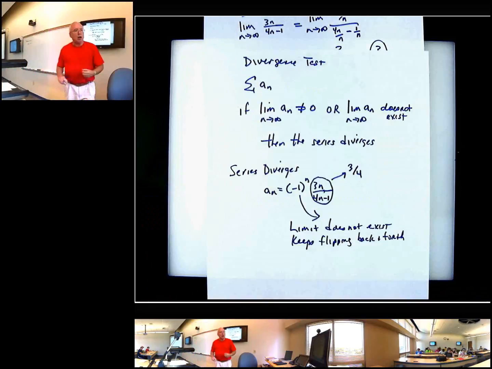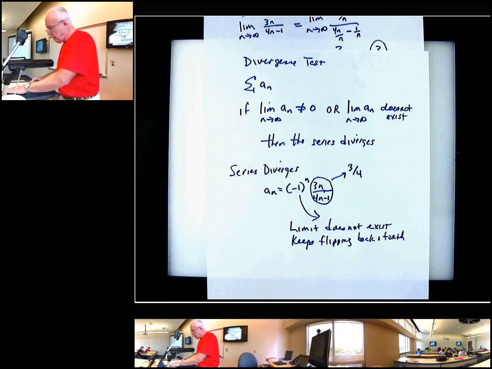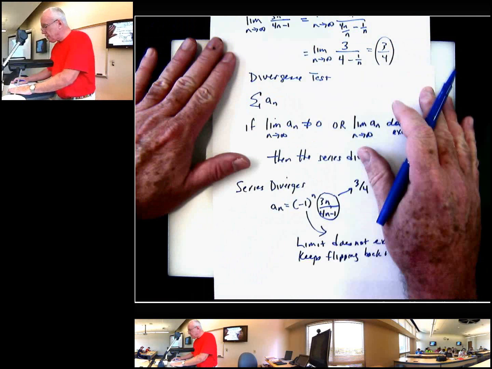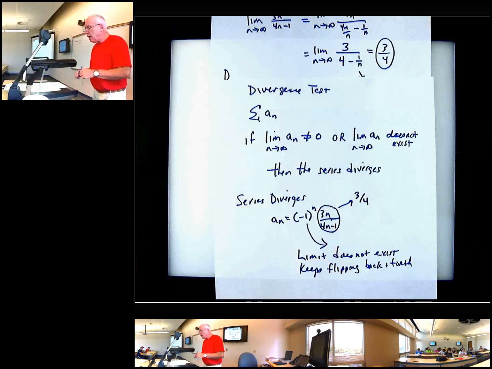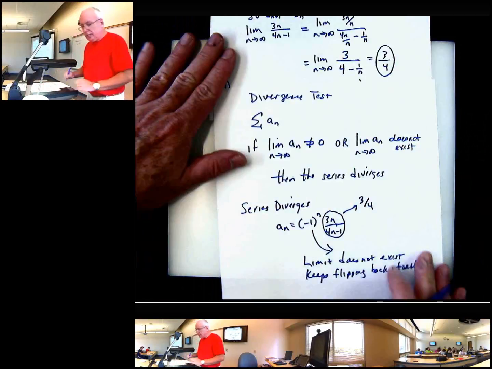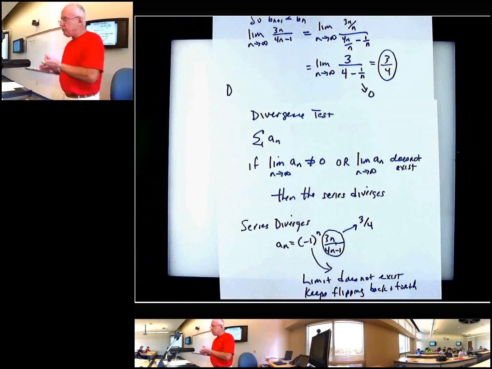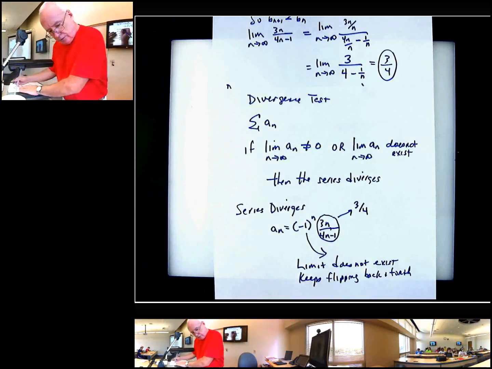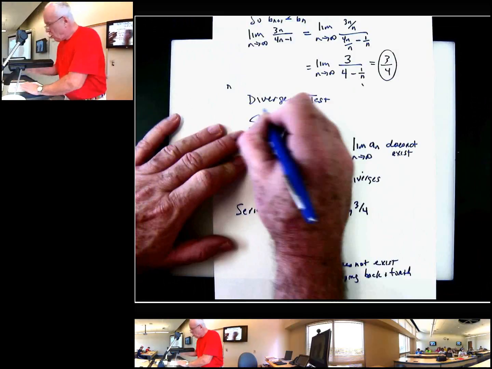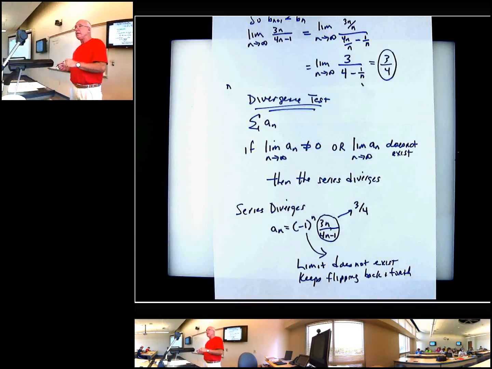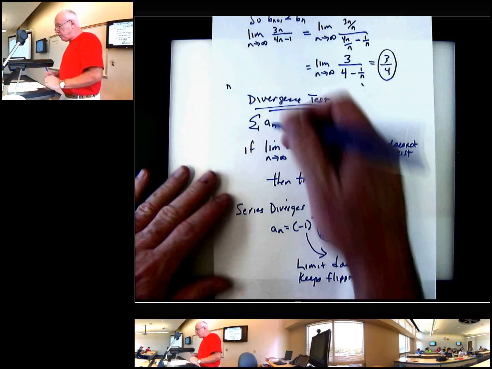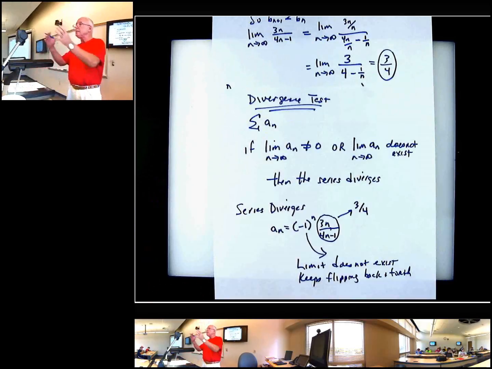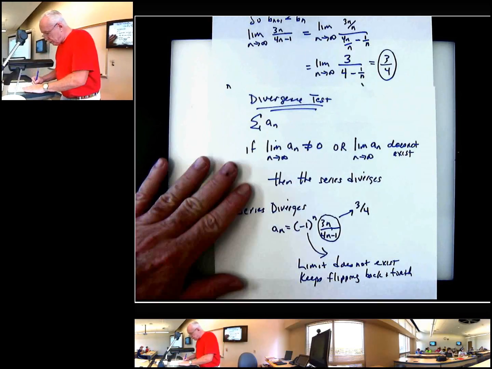So this particular alternating series fails this test. Basically the b sub n's don't go to 0, and we could also have just used the divergence test on this and not even used the alternating series test. Just using the divergence test, we see that the limit of the individual terms doesn't go to a single number, so it therefore diverges.